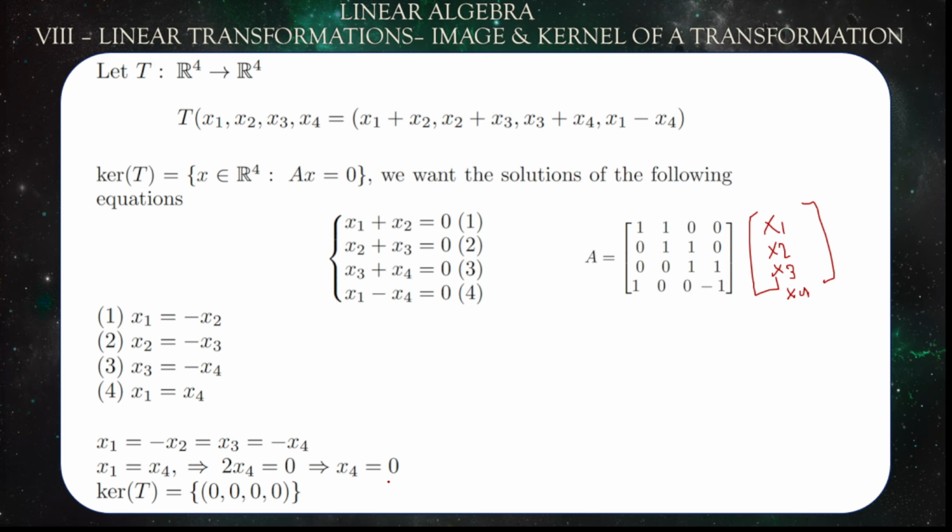Hence x4 is equal to 0 by replacement. So if you replace x4 here, you get x1 is equal to 0, x2, which is equal to minus x1, is 0, x3 is 0, and everything else becomes 0. So ker of T is equal to the 0 vector, which means that the dimension of ker T becomes 0. This is the nullity value.